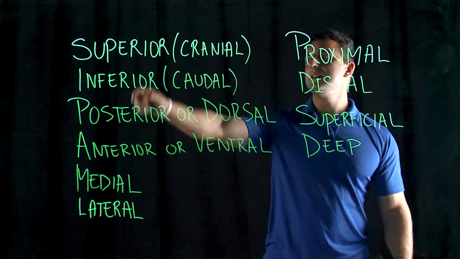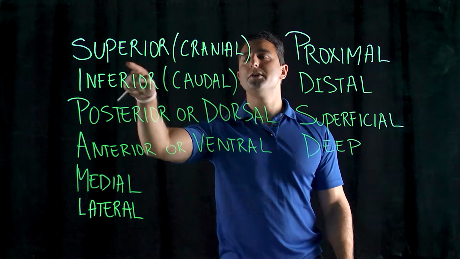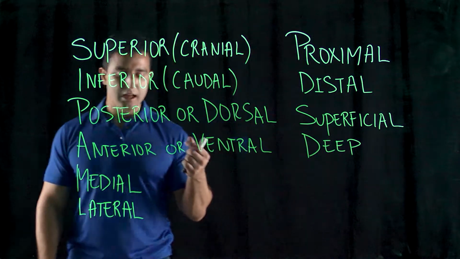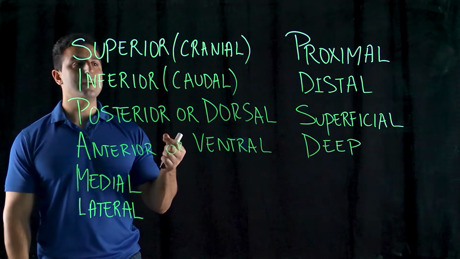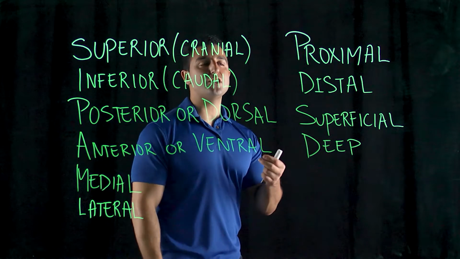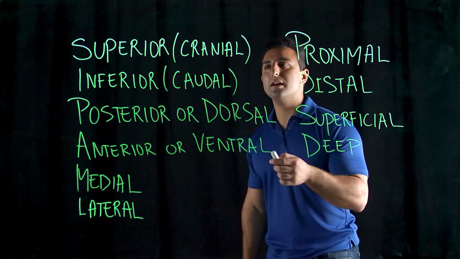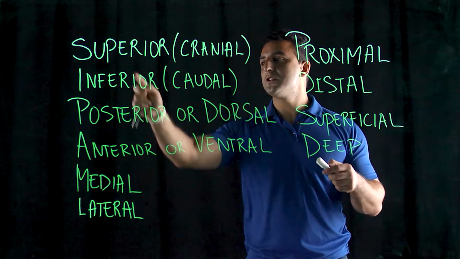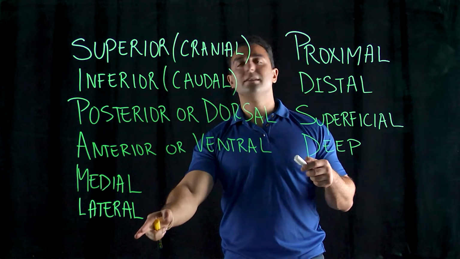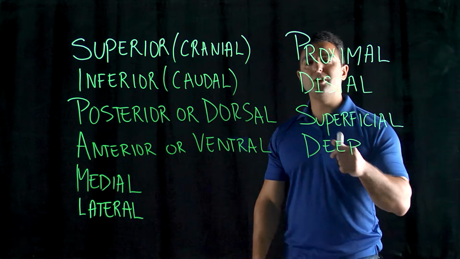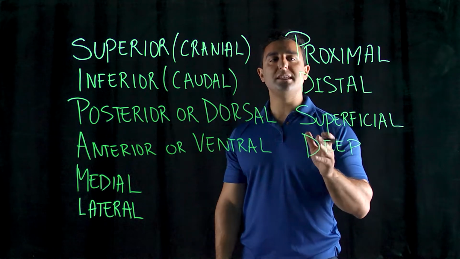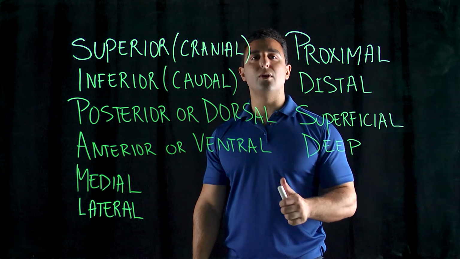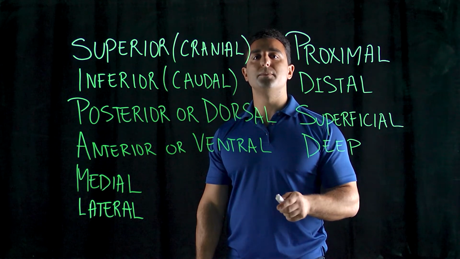The skull is either cranial or superior in relationship to the heart. And one thing that's really important that people misunderstand is that a lot of these words can be used in terms of direction and can be used interchangeably, right? So something can not only be superior, but it can also be medial, or something can be inferior, but also lateral as well, okay? So make sure you understand those two distinctions, and this is generally the basics for all of the anatomical positions.